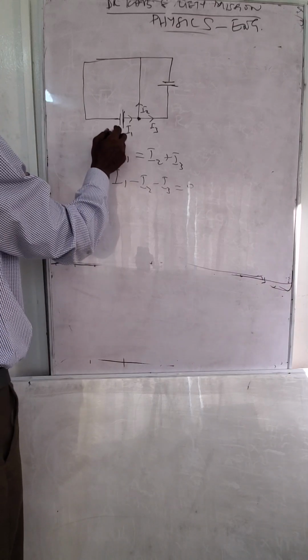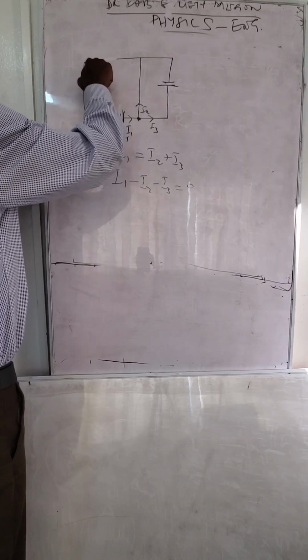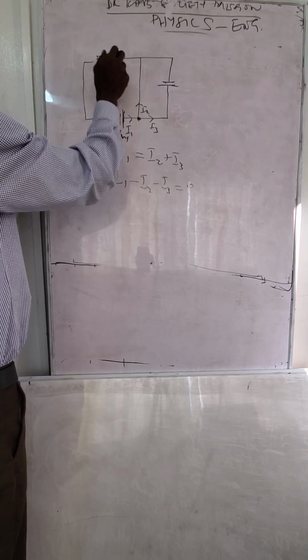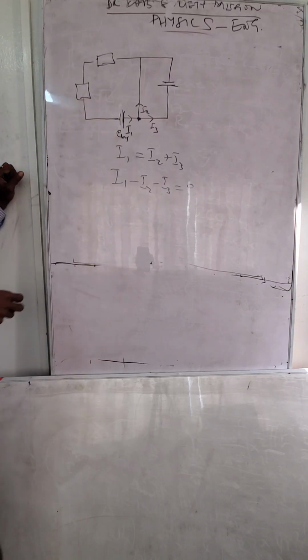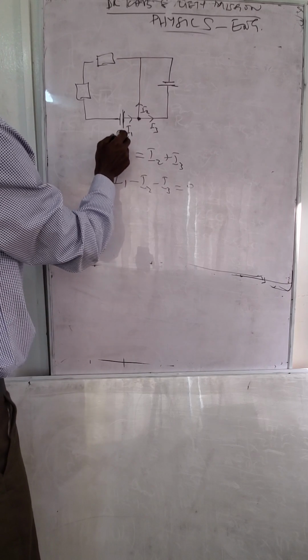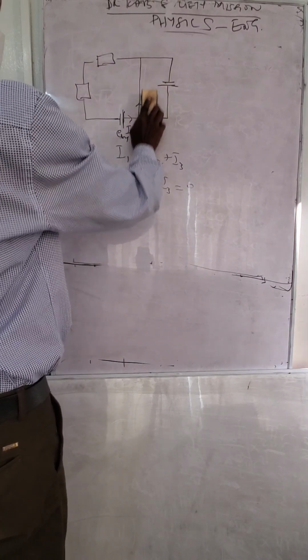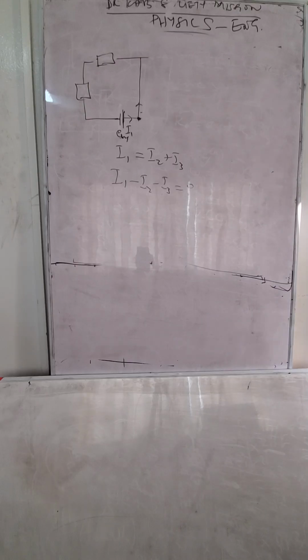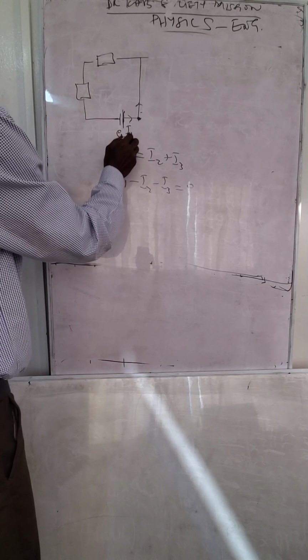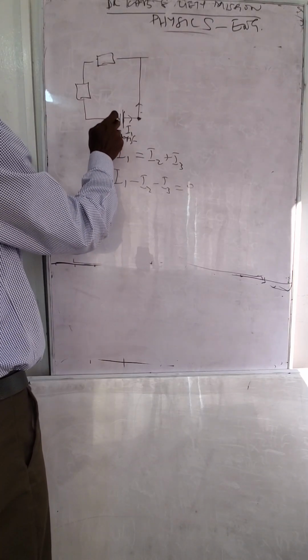Now the voltage. This has an EMF, which is E. And then let's say we have a resistor here, another resistor here. Now in terms of voltage, this E is what is supplying. This EMF, electromotive force, is the force driving the electrons in the cell.